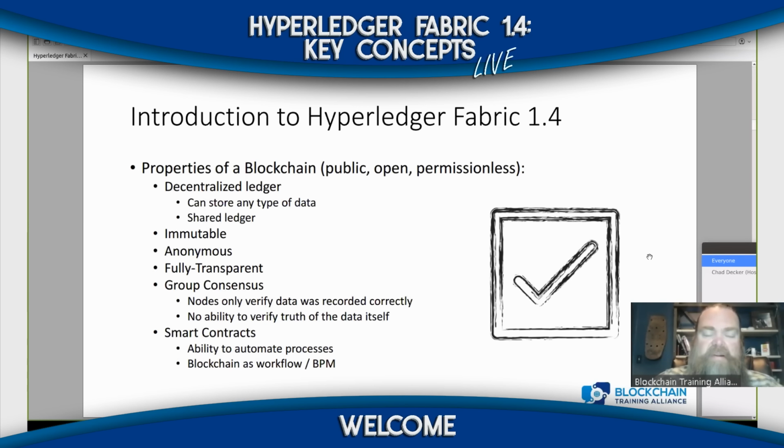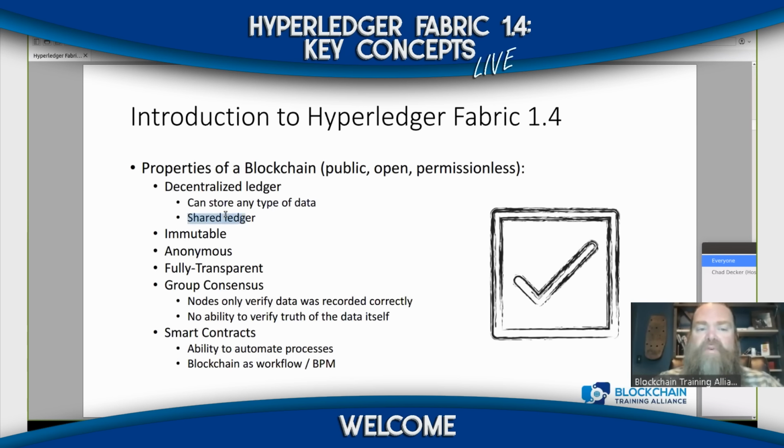We would say that a platform like Ethereum or like Bitcoin gives us a decentralized ledger, meaning we have a ledger with multiple copies stored across the network, multiple redundant copies. And this decentralized ledger has the capacity to store any type of data.